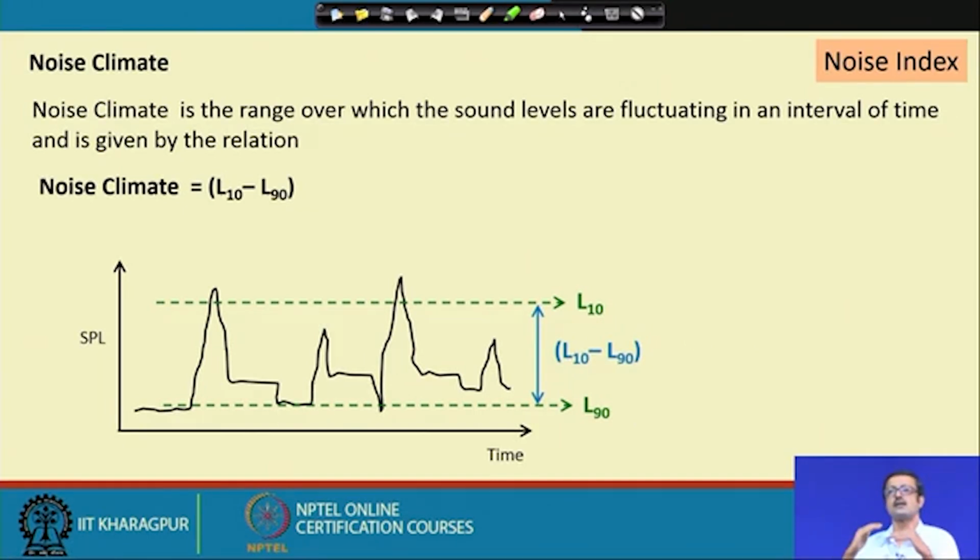So, you remove the top 10% and the bottom 10%. The middle 80% is within what zone? It gives you an indication of the fluctuation of the noise you are exposed to, or a particular area is exposed to.